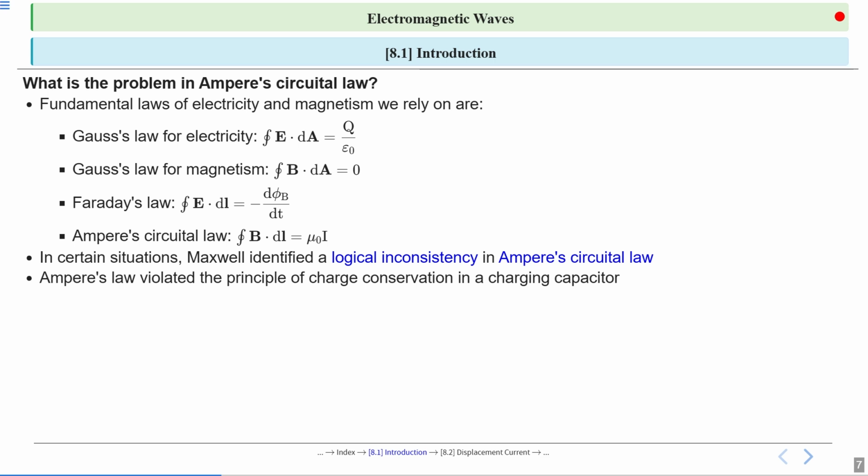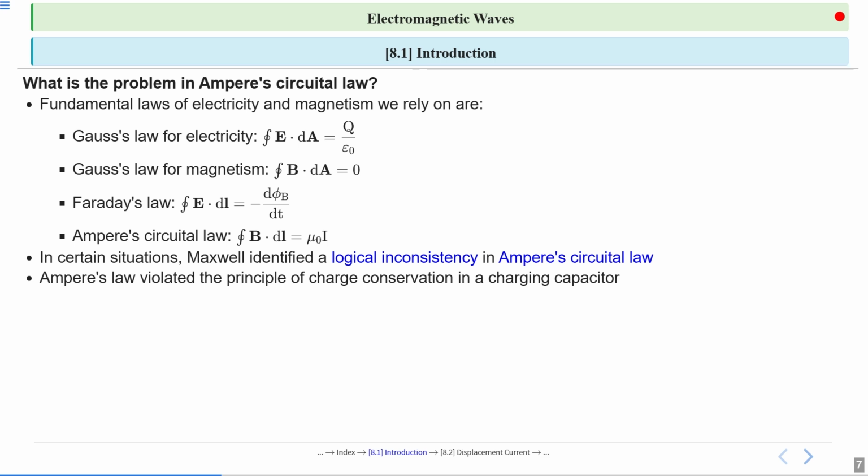We are going to discuss how Ampere's law violates the principle of charge conservation in the charging capacitor in the upcoming slides. For now I am just saying that if a capacitor is connected to a source and current is flowing through the wire, due to the current flowing through the wire, a magnetic field is being produced around the wire in the form of concentric circles.